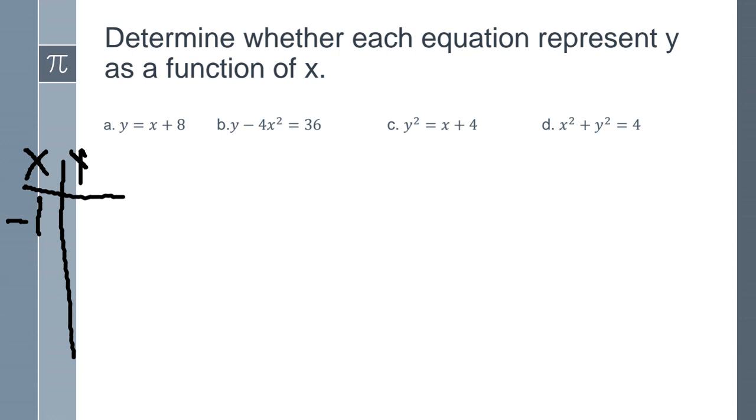Okay. So you want to ask yourself, if I plug in this -1 for my x here, then I get -1 plus 8, which is going to be 7.